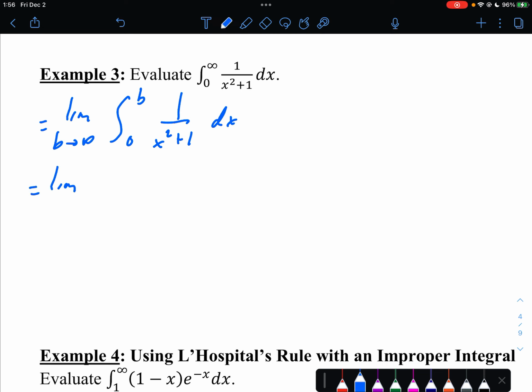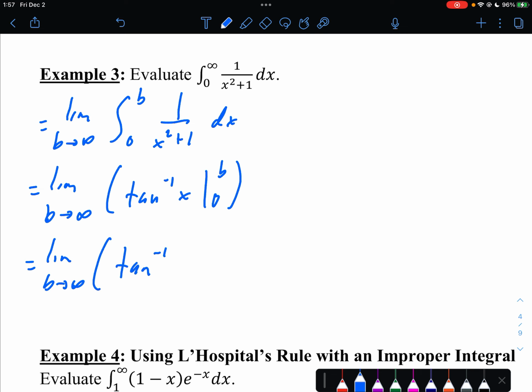So it's the limit as b approaches infinity of tan inverse of x from 0 to b. So we have the limit as b approaches infinity of tangent inverse of b minus tangent inverse of 0.